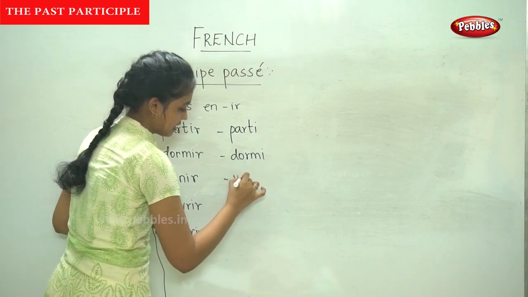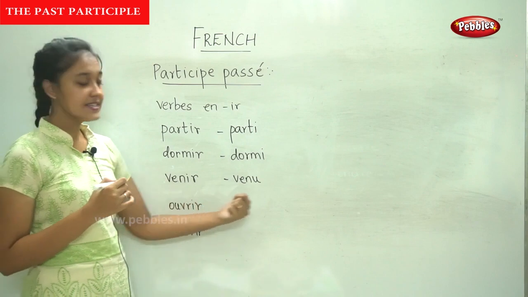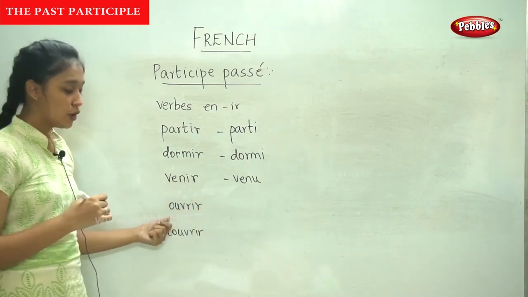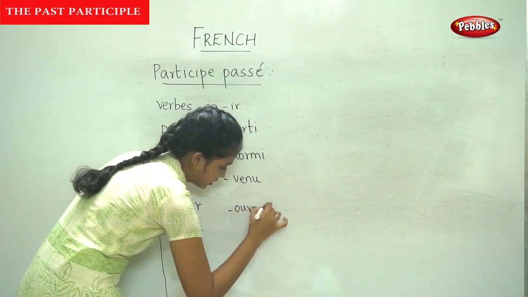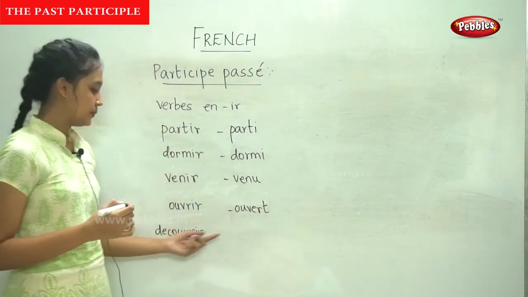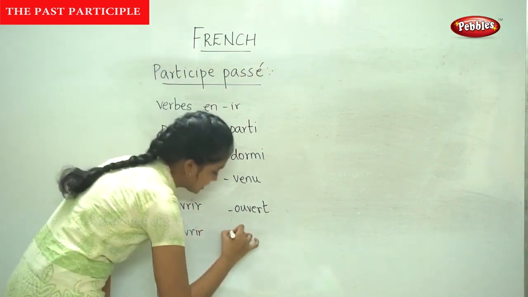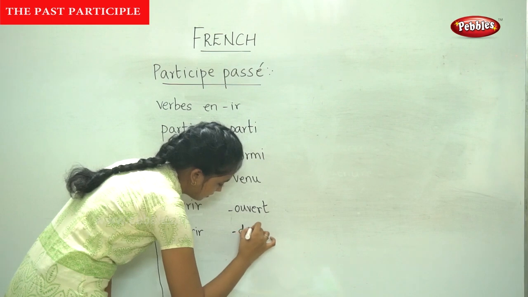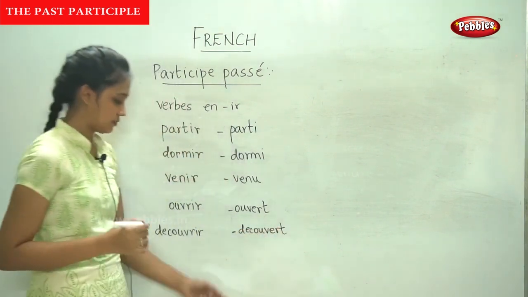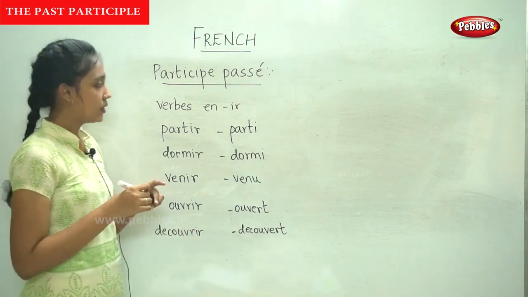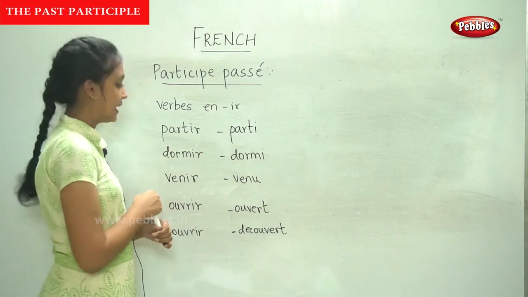It is venu. For ouvrir, it is ouvert. Similarly, for découvrir, it is découvert. So this is how we write the past participle for the verbs ending in IR.